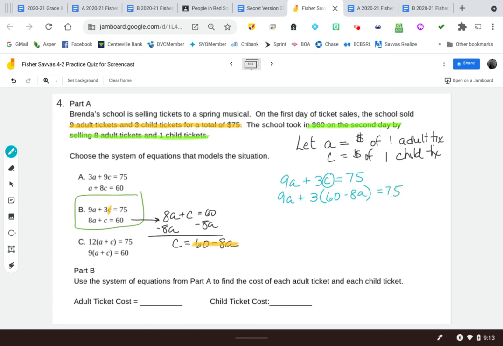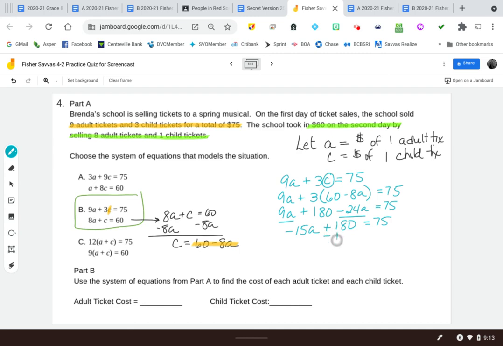From here, I just need to do the math. So I have 9a, use the distributive property, 3 times 60 is 180. And then 3 times negative 8a, be careful, watch your signs, is minus 24a, and that equals 75. From here, I'm going to combine my like terms. I have 9a and negative 24a, and together that would give me a negative 15a plus the 180 is equal to 75.